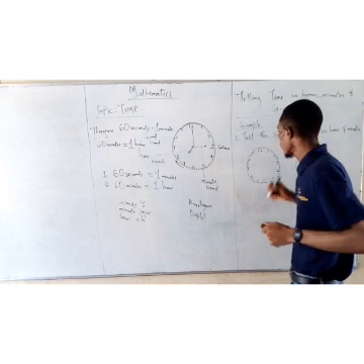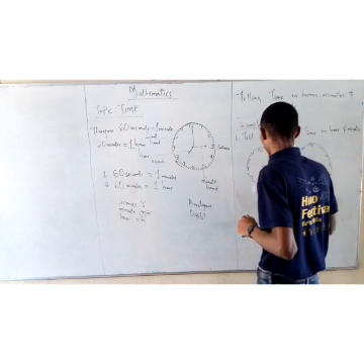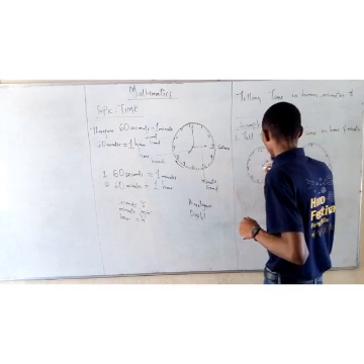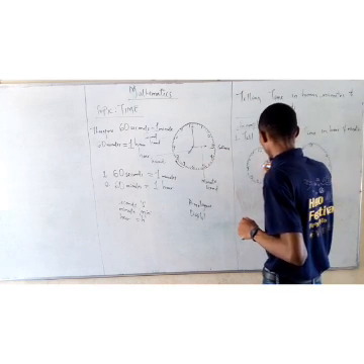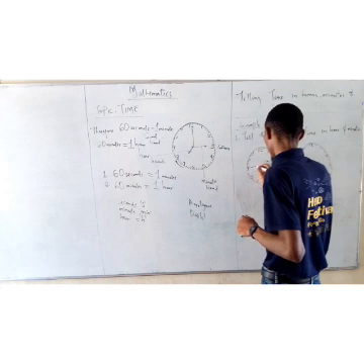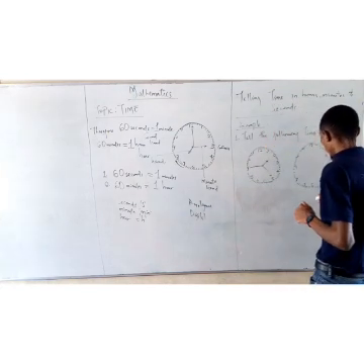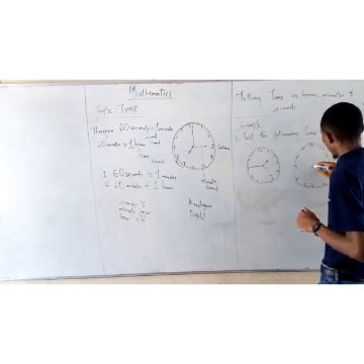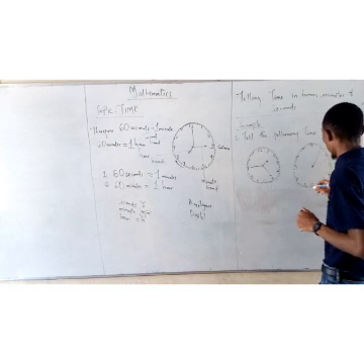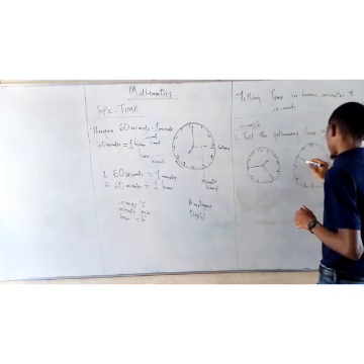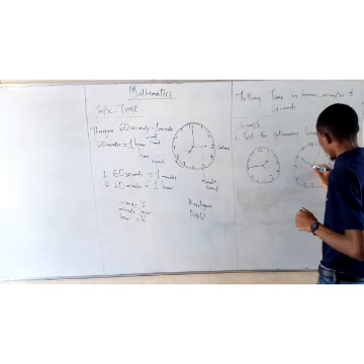Supposing my hour hand is here, my minute hand is here, and my seconds hand is here, and for this one, my seconds hand is here, my minute hand is here, and my hour hand is here.